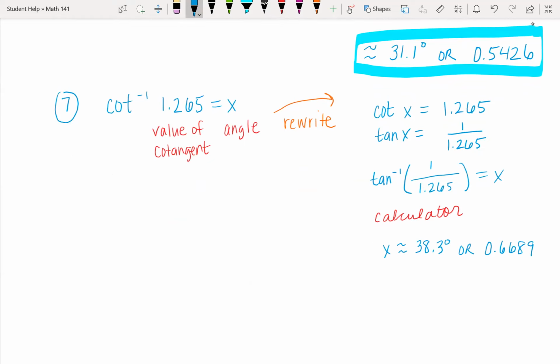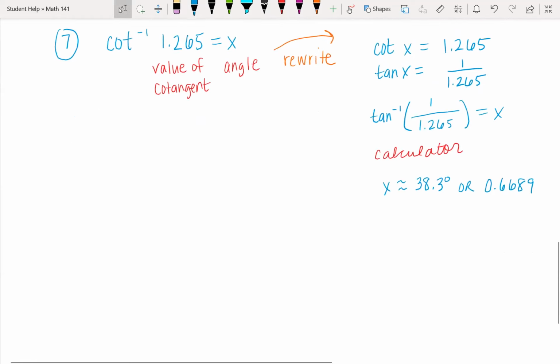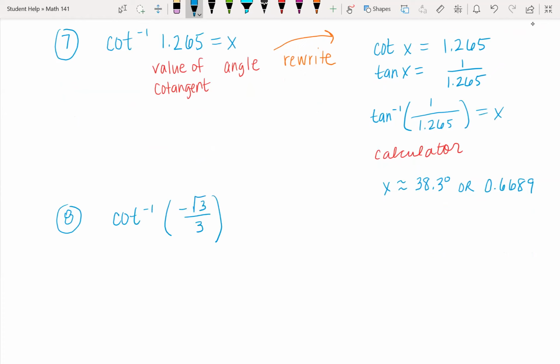Okay. For our next example, we're looking at one where the calculator doesn't actually give us the answer that we need to provide. So let's do cotangent again. Cotangent inverse of negative root 3 over 3. If you plug this into the calculator, the calculator will tell you that the answer is negative 60 degrees.